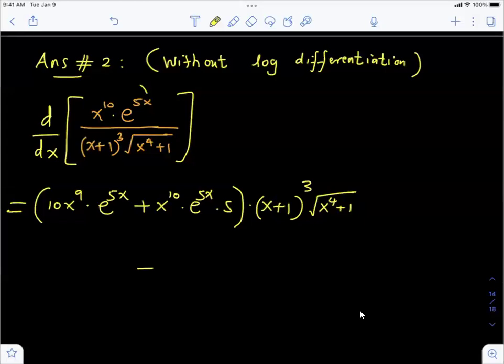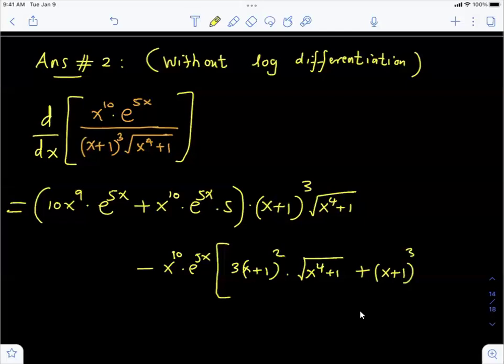First of all, I will have this one fixed. x to the 10 e to the 5x times the derivative of this component that has 3x plus 1 squared. That's the product rule again, multiplied by x to the 4th plus 1, plus x plus 1 cubed.